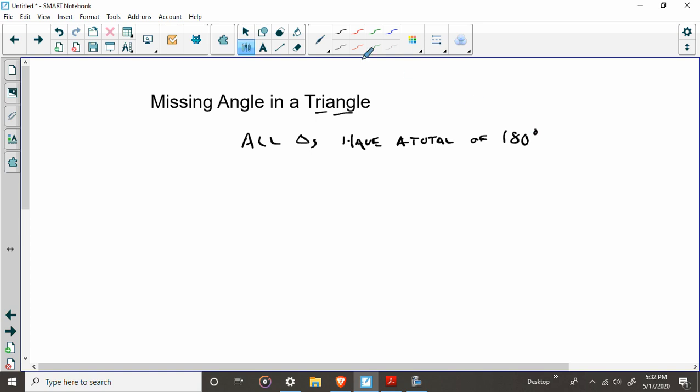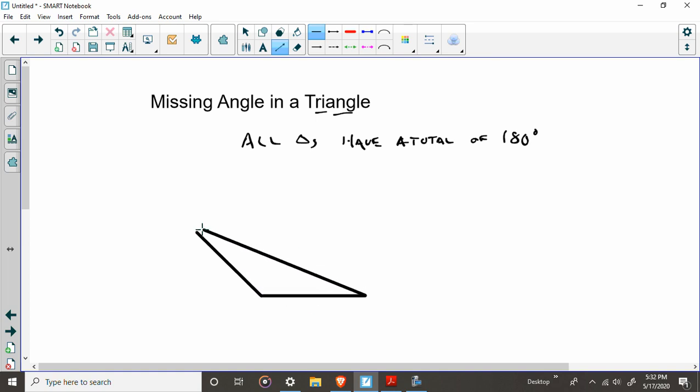Okay, so say for example you were given a triangle like this, right? And I tell you that this angle right here is, let's call this 120 degrees, and this angle over here is, let's call it 35 degrees.